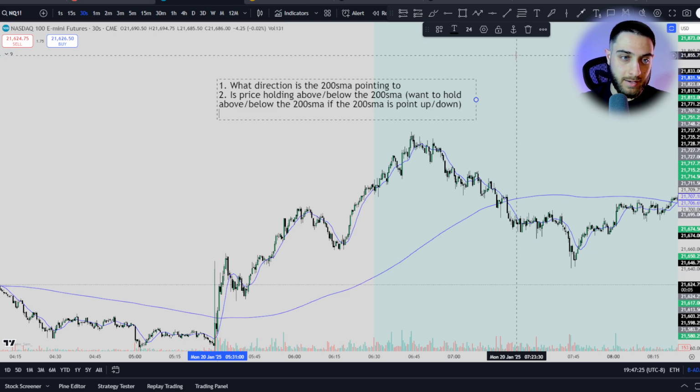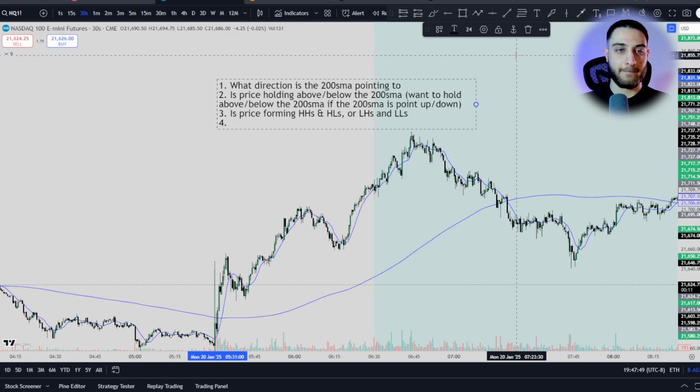Okay, then the third thing we look for is price forming higher highs and higher lows, or lower highs and lower lows.